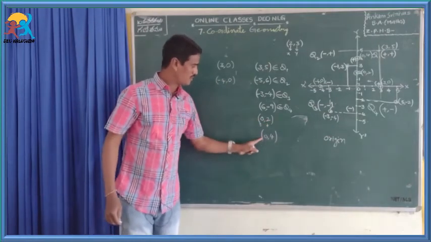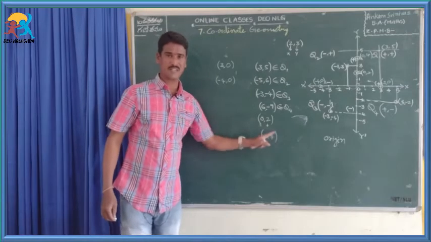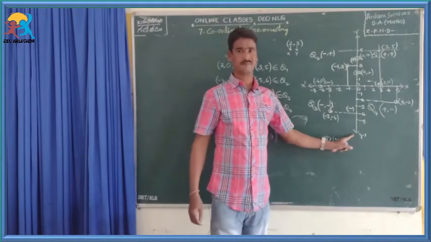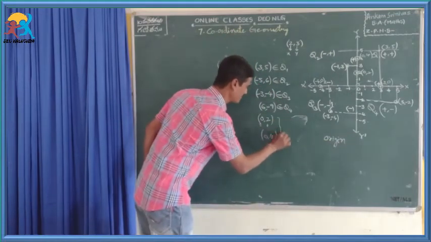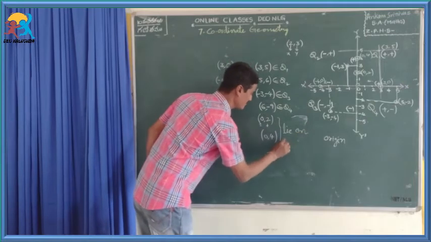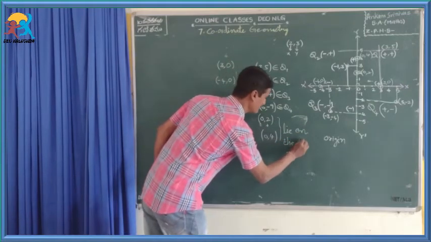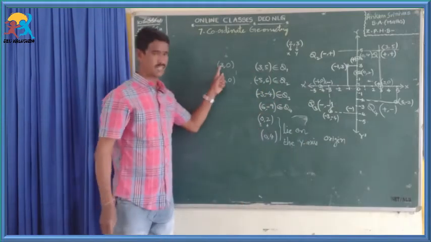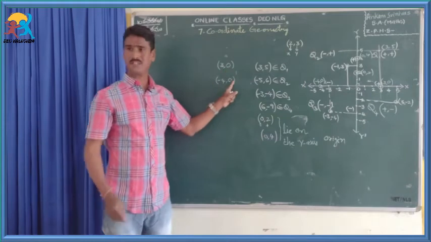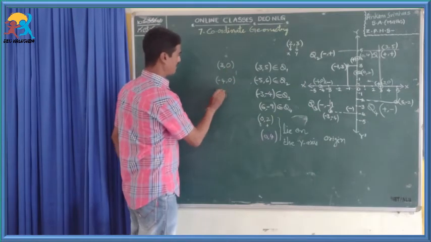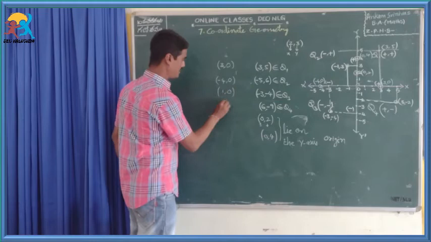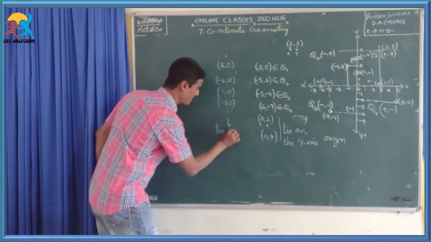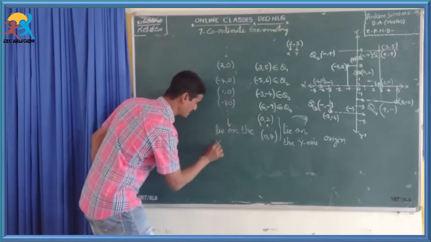Points like 0 comma 2, 0 comma 4 and 0 comma 7 lie on the y axis. And points like 3 comma 0, minus 4 comma 0, 1 comma 0 and 7 comma 0 all lie on the x axis.